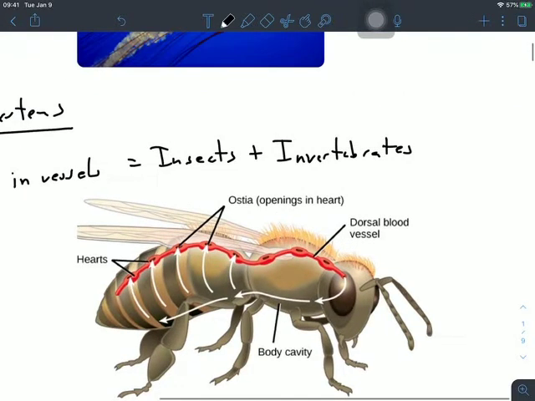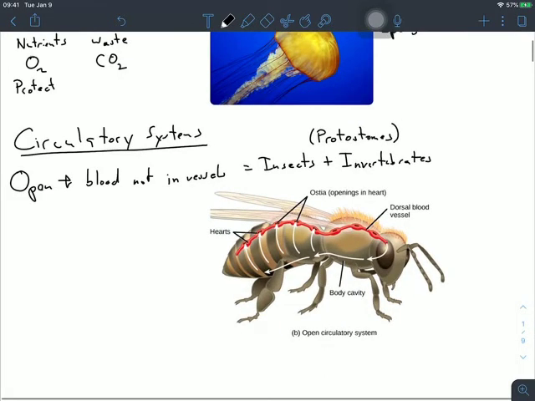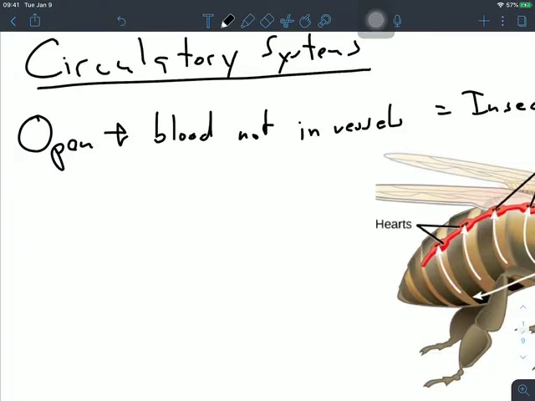For those of you taking Bio 2, you'll be familiar with these as the protostomes, vast majority of them.